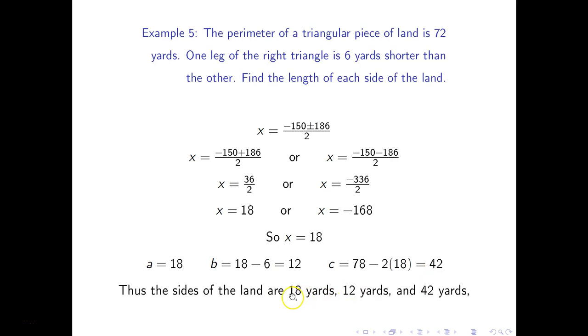So we end up with 18 yards, 12 yards, and 42 yards as our final answer. And we can check that they all have the same perimeter, and things like that. So we can double check to make sure all this works, but that's how we did it.